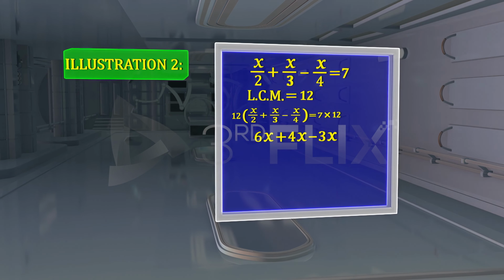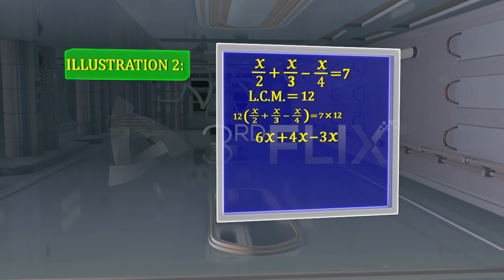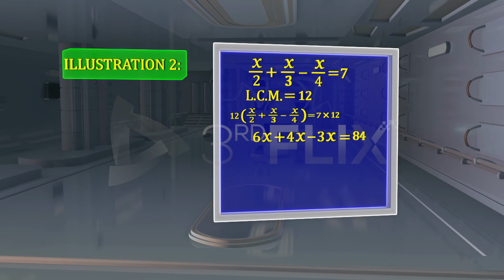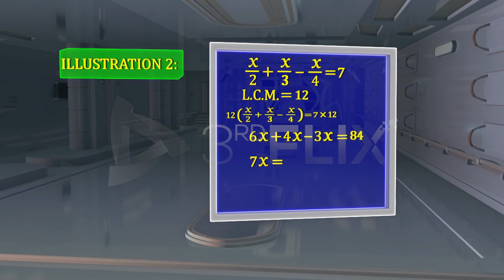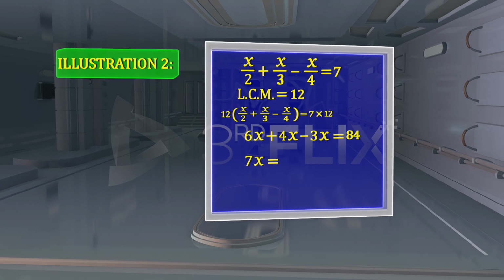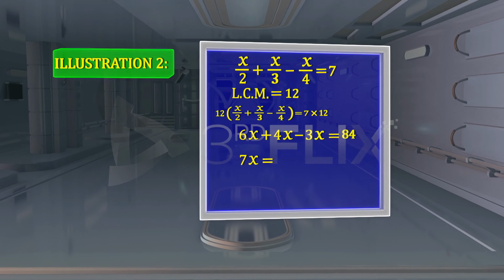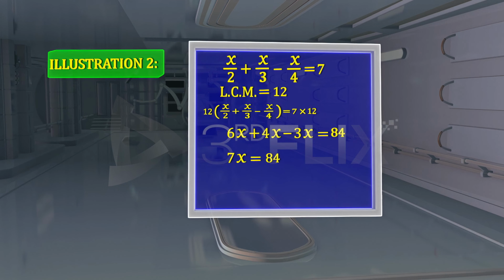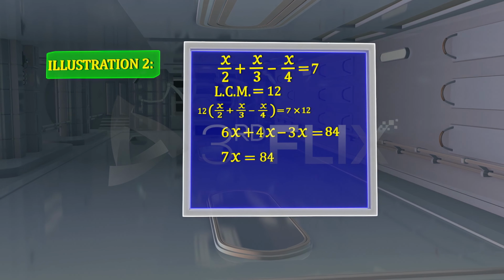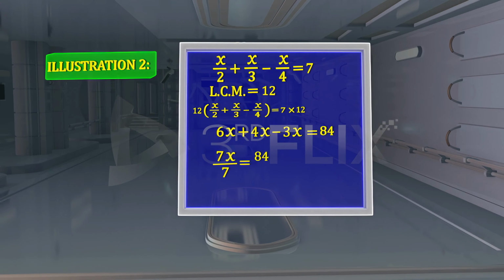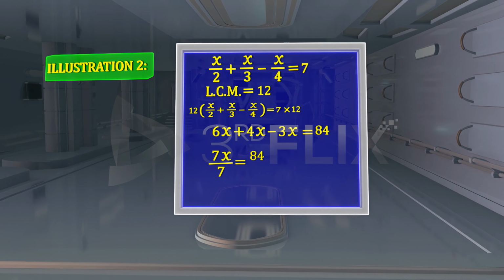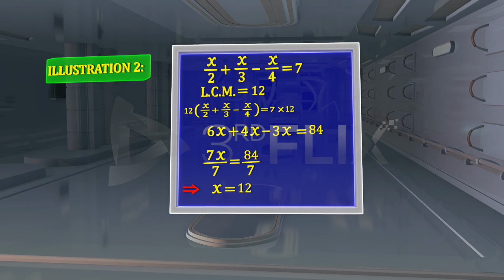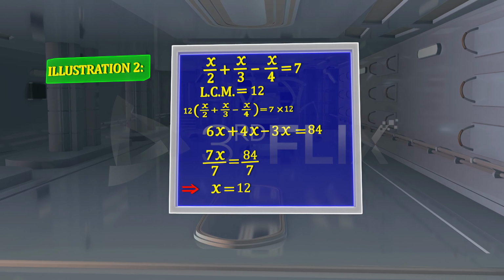Multiplying both sides by 12, 6x + 4x - 3x = 7 × 12. 7x = 7 × 12. 7x = 84. Dividing both sides by 7 implies 7x/7 = 84/7. Implies x = 12.